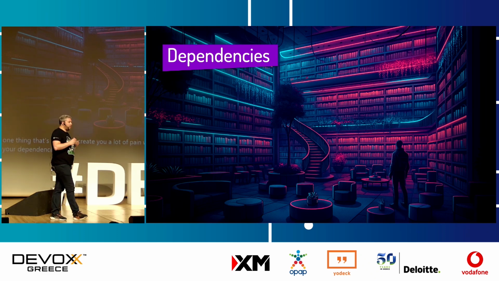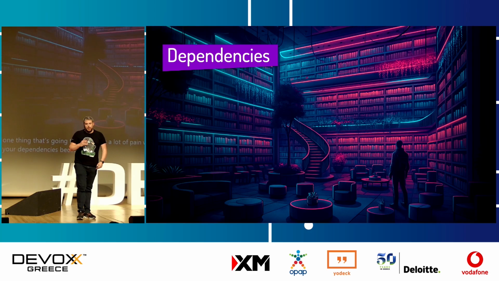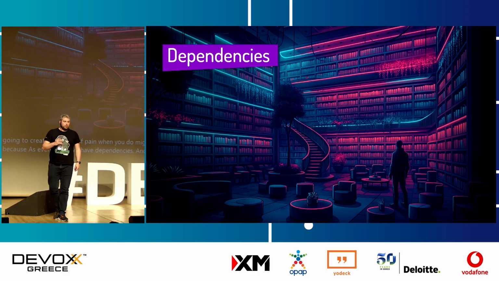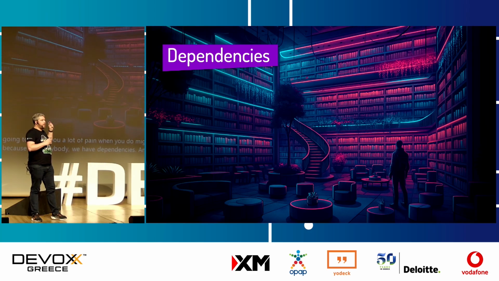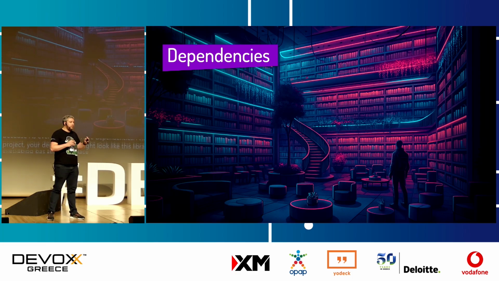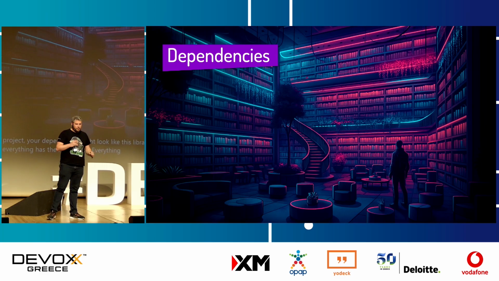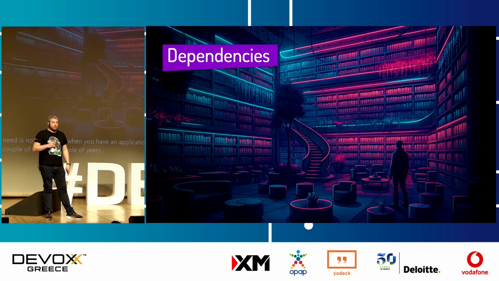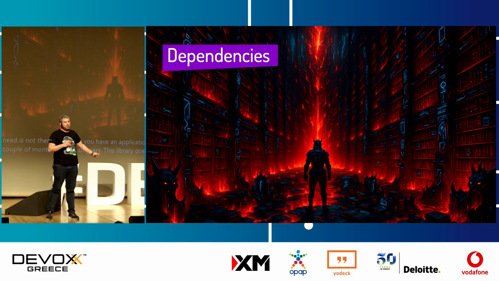Because as everybody, we have dependencies. And when you start a new project, your dependencies might look like this library. Well organized, everything has the right place, everything you need is there, and what you don't need is not there. But when you have an application that's been there for a couple of months, a couple of years, this library doesn't look like this. It looks like this.